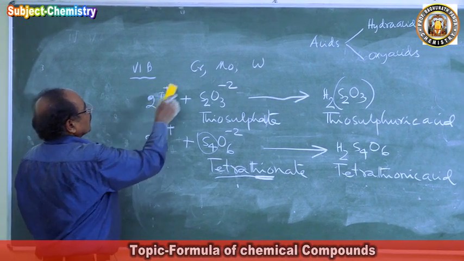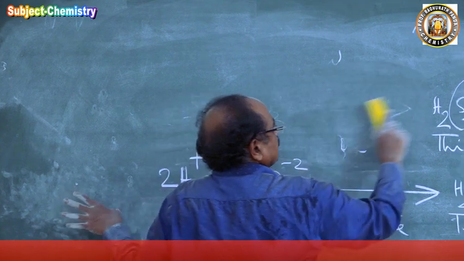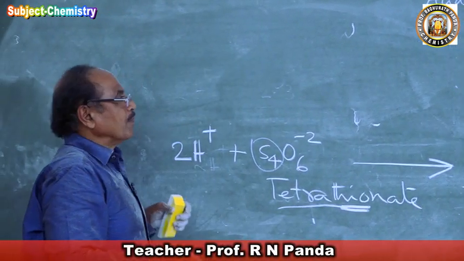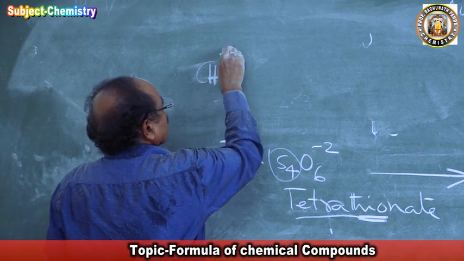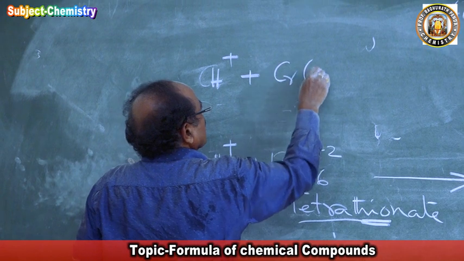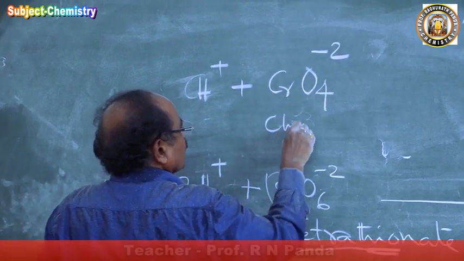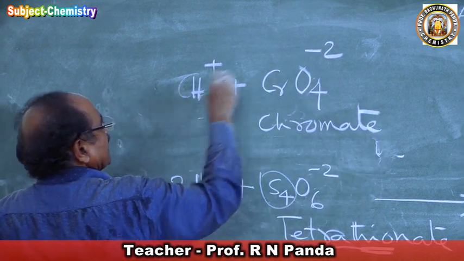Now let's come to chromium. Let's take chromium. We have H plus combining with CrO4 minus 2. This is chromate. How many charges? Negative 2.